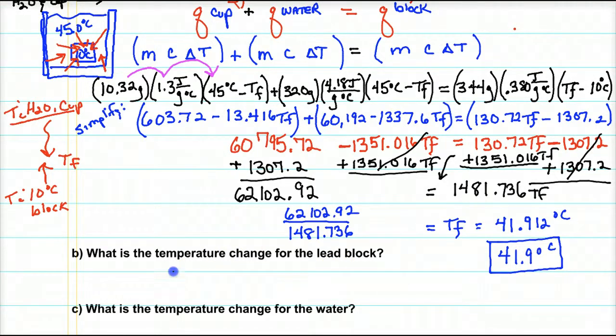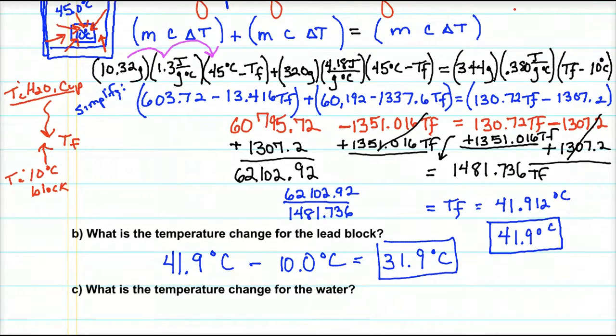So to keep everything positive, I know that in some places you're going to put negatives to this, but we're going to keep everything positive in this course. Okay, we'll talk about thermodynamics in another course, but 41.9 minus its 10.0 degrees Celsius. That temperature change is 31.9 degrees Celsius.